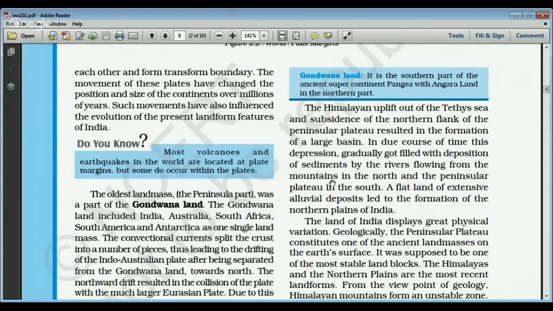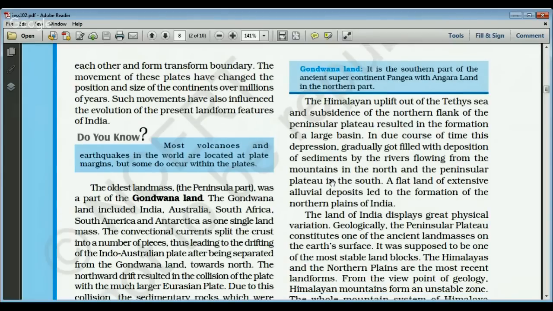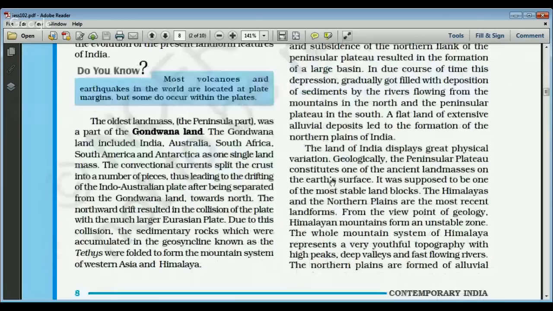As time passed and geological formations took place, this supercontinent was divided into two parts. The northern part was known as Angara land, and the southern part was known as Gondwana land. Our Indian peninsula is part of Gondwana land, which included India, Australia, South Africa, South America, and Antarctica as one single landmass.